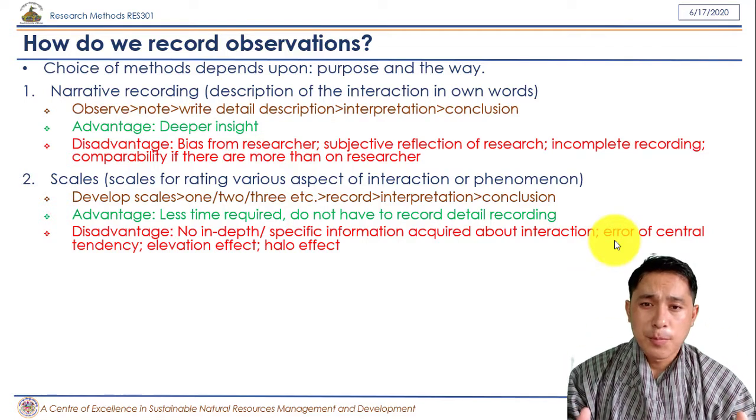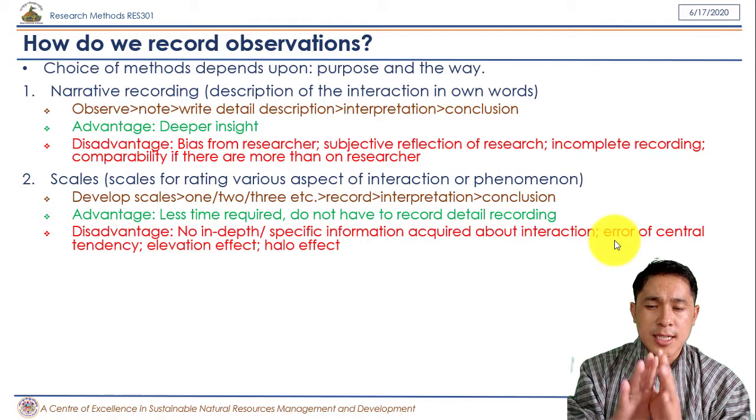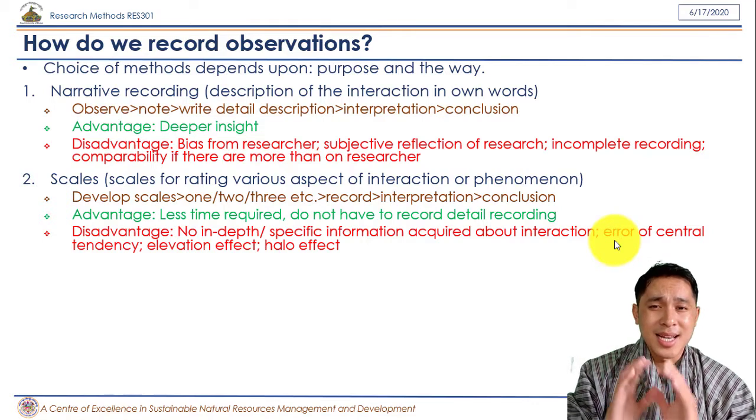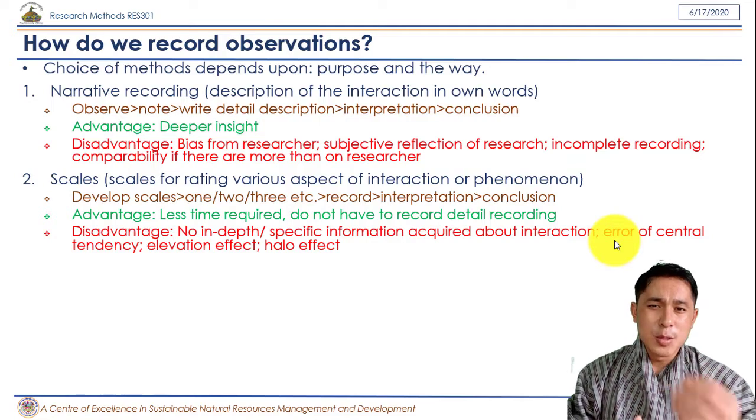If you have 5, and number 3 is the central-most choice, then they tend to keep at the central one most of the time. So they tend to choose the central choice most of the time.